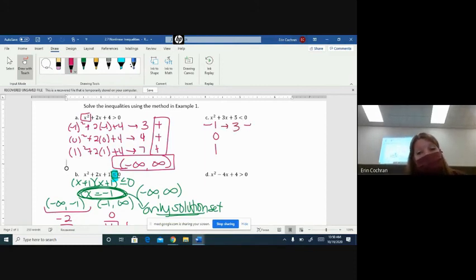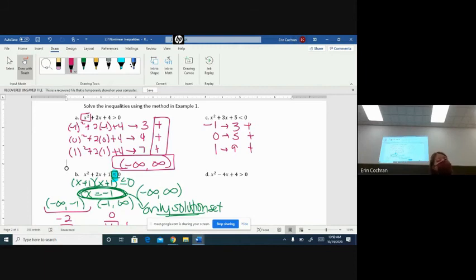Okay, so that's positive. When I plug in 0, what do we get? 5. That's positive. Good. And when I plug in 1? 9. Positive. Okay. So right now, all of them look positive, so they all look like solutions, right?